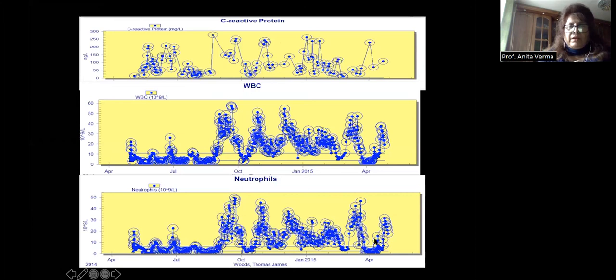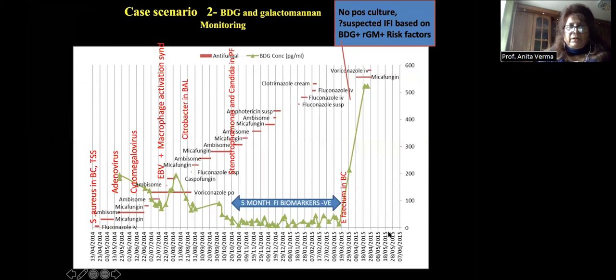At the end of 1 year, he became very neutropenic and pancytopenic. And this is our biomarker investigation of this patient over the year. If you look at the first few months, his biomarker rose, and he stayed on antifungal continuously because of suspected fungal infection.